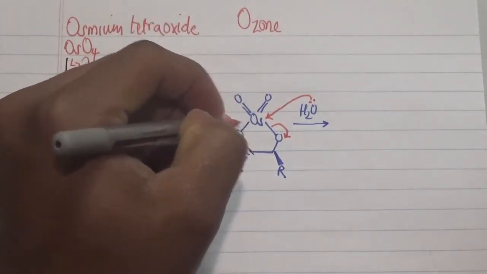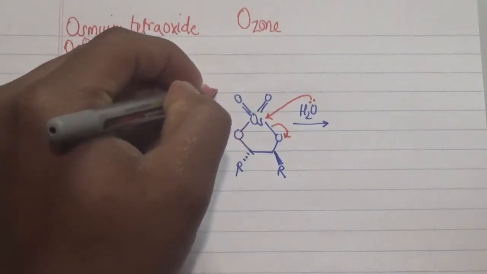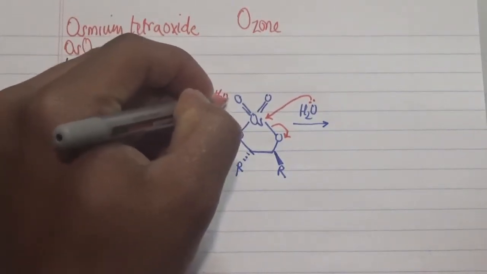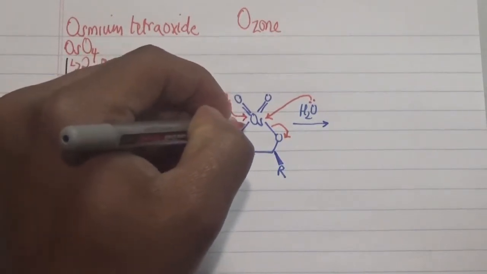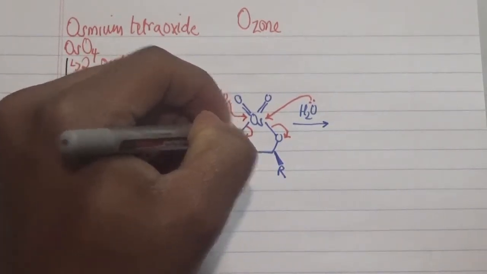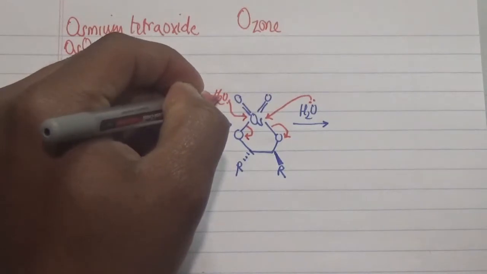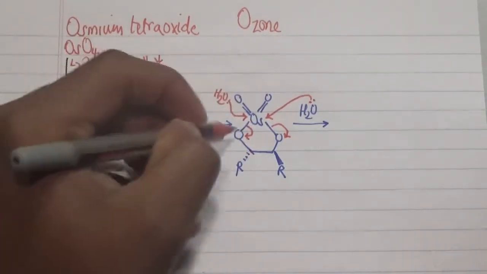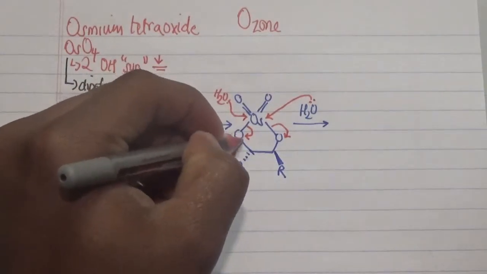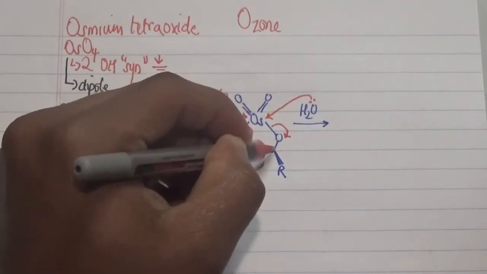The same thing happens here with another water coming in, and this oxygen picks up a hydrogen from the water that is bonded to the osmium, and then you form a hydroxide here and over there.